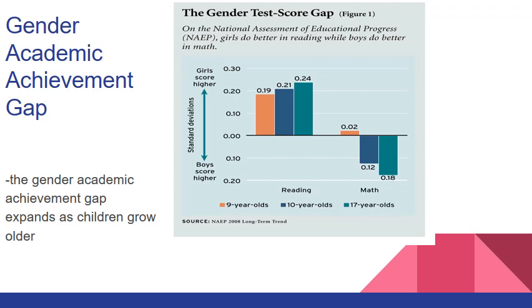Something that's interesting to note is that at 9 years of age, which is around third grade, girls actually were performing slightly higher in math than boys. Yet a year later, when they became 10, and then also when they were 17-year-olds, boys start to outperform girls on math standardized achievement tests. This time we're measuring it through the National Assessment of Educational Progress, or the NAEP, which we'll be using on other slides as well, so it's something to note.